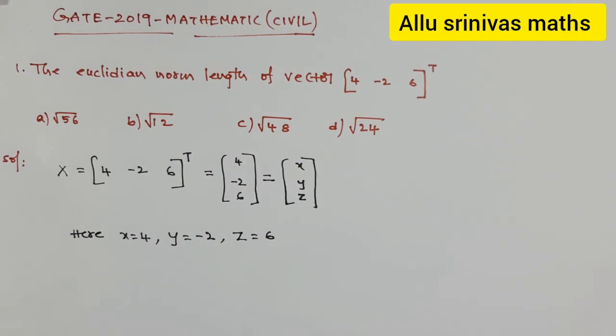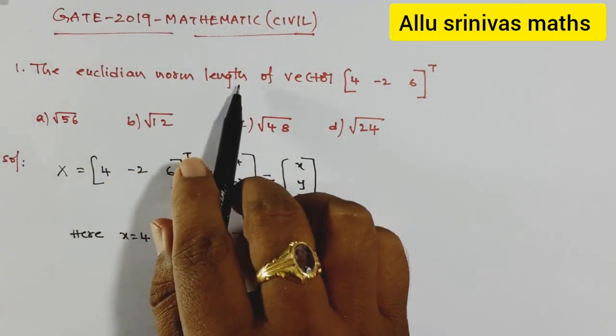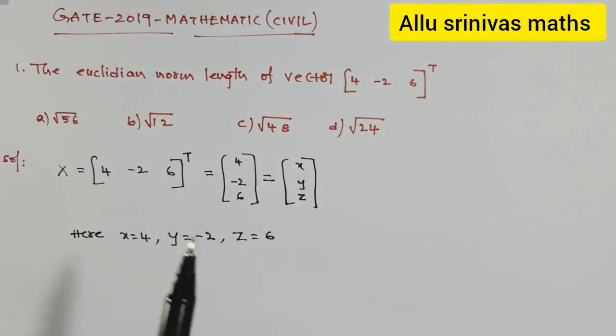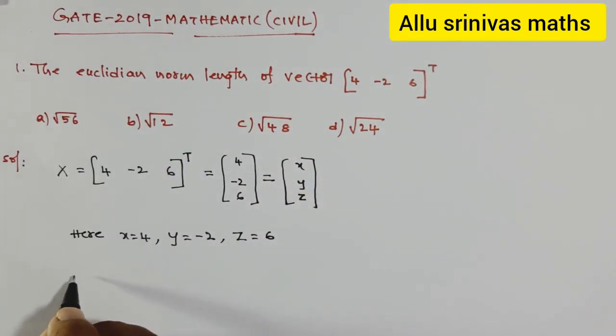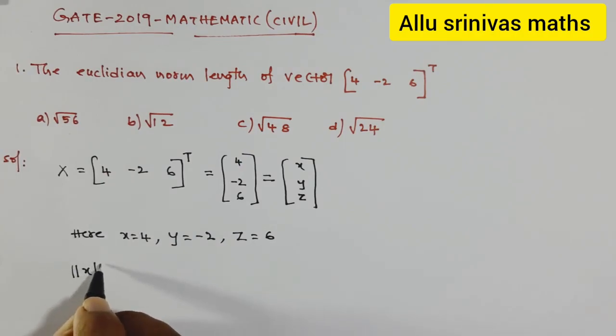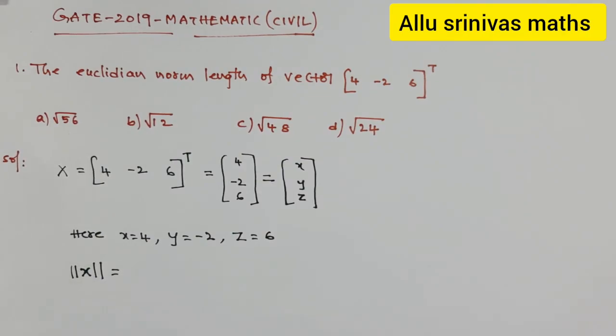We want the Euclidean norm length of the vector. Actually, the Euclidean norm length of vector x is denoted by norm x. Here x is the given vector.